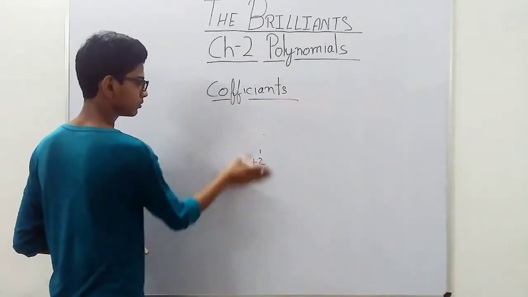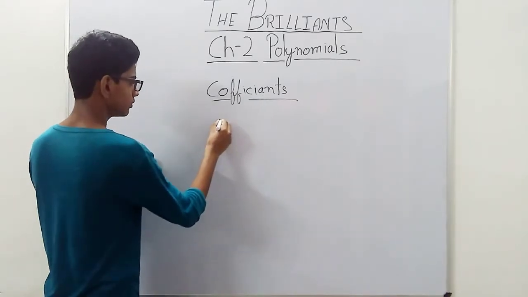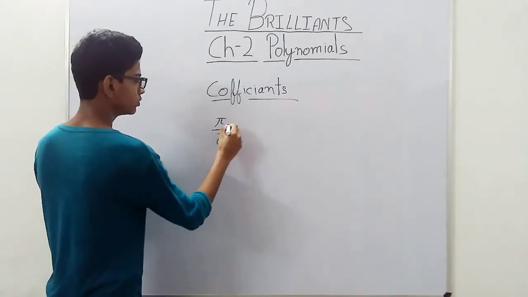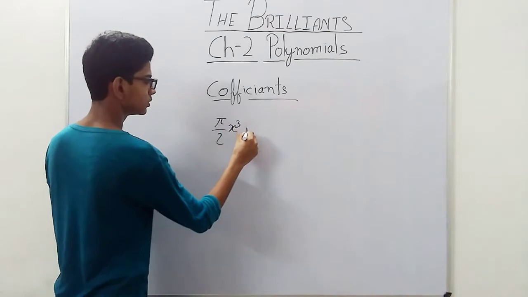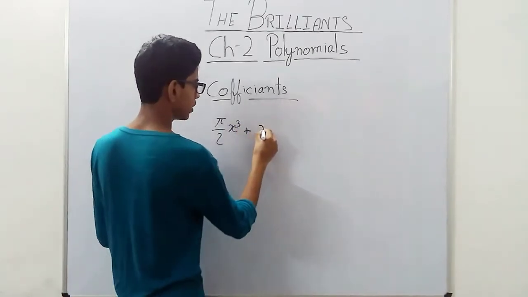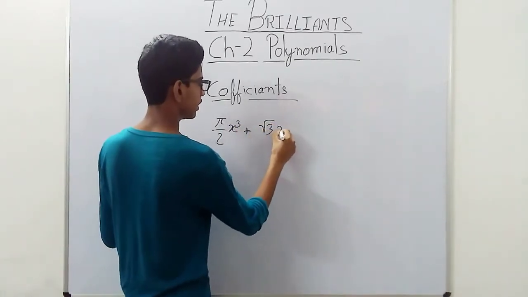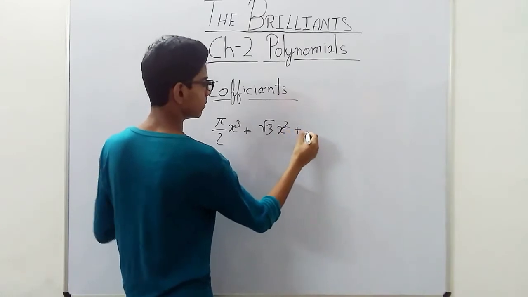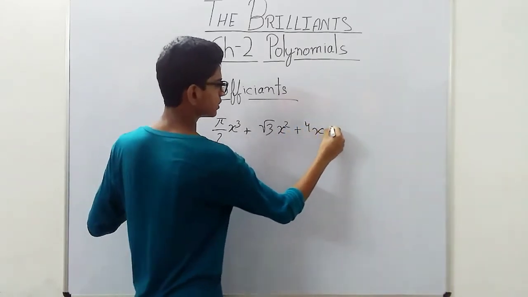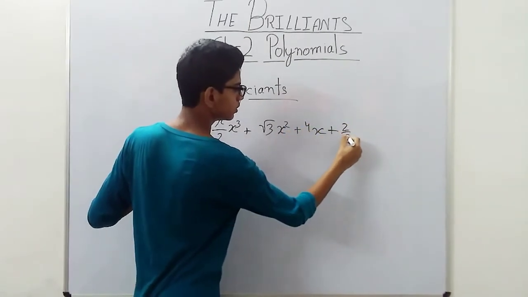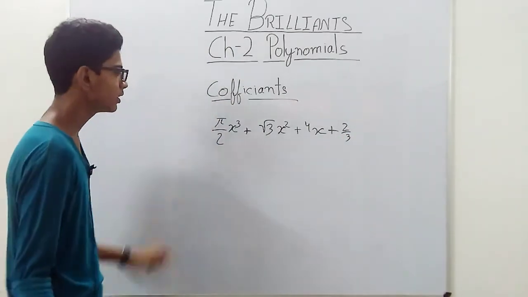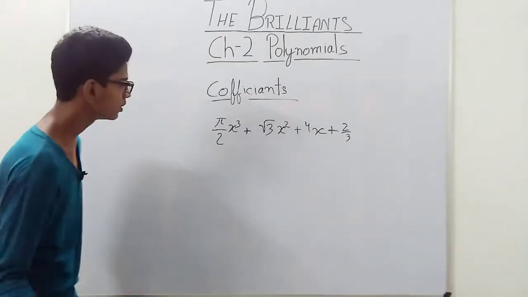Let's take another example: pi upon 2 x cube plus under root 3 x square plus 4x plus 2 upon 3. So this is the polynomial.